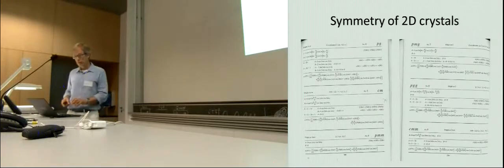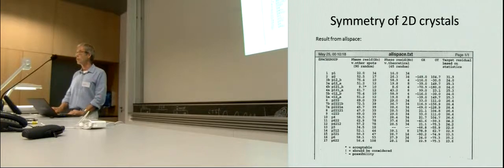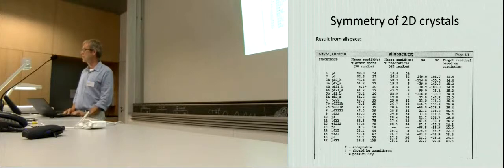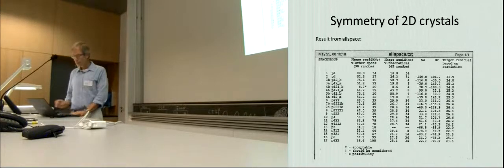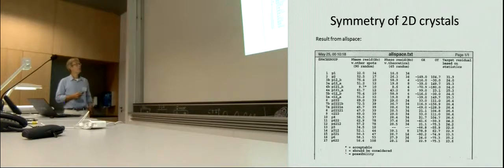So this could be quite informative, and this has been applied in the program ALLSPACE in the MRC system, which is also in 2dx. Here you feed in your data, your amplitude and phase values, and then you get a list of the phase residuals in the different symmetries.